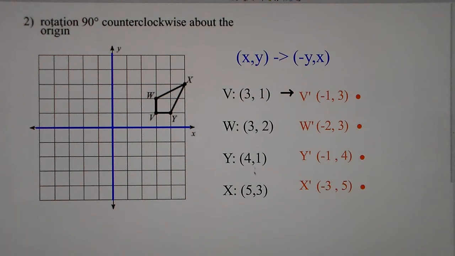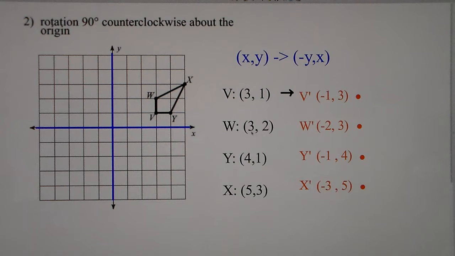Now that we've mapped out all those coordinates, we're going to map out our new coordinates, our prime figure. And that's what we did here in orange. So, X goes to the second position, so this 3 goes into that second position. The Y, which was 1, moves to the first position, and we change the sign. So 1 turns into -1.